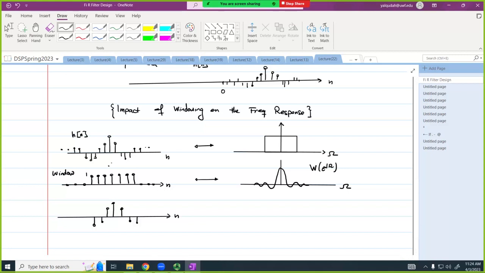This multiplied by this is going to have a spectrum that is this convolved with this. So this is a convolve, and therefore I'm going to get a frequency response that looks something like this.